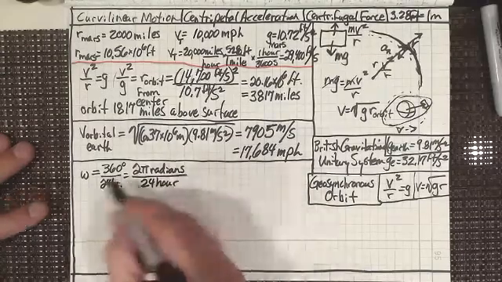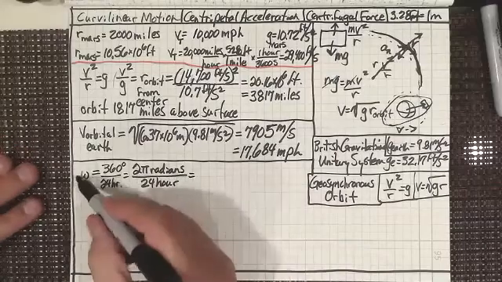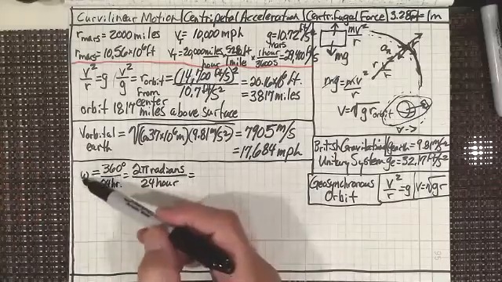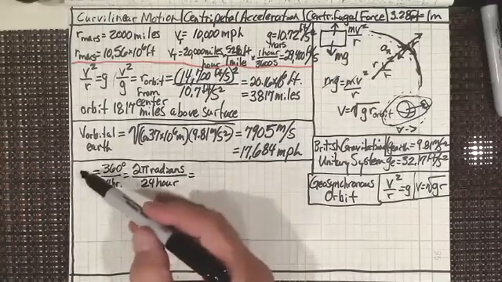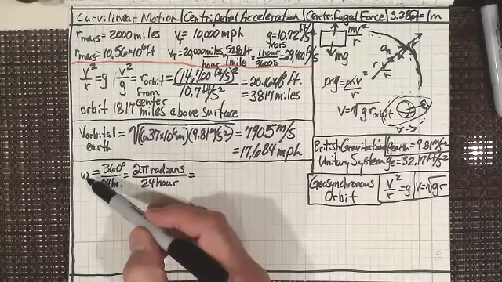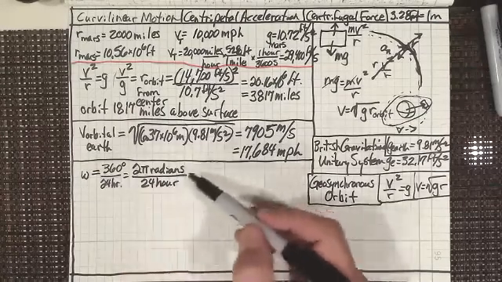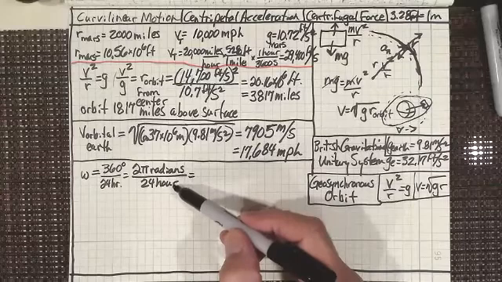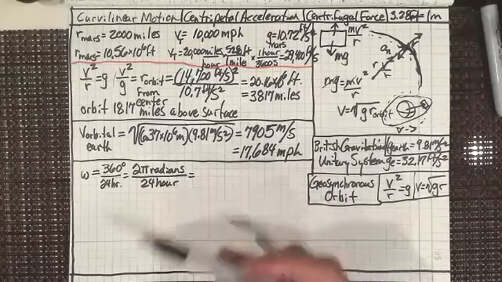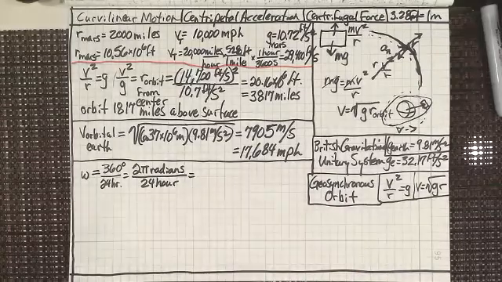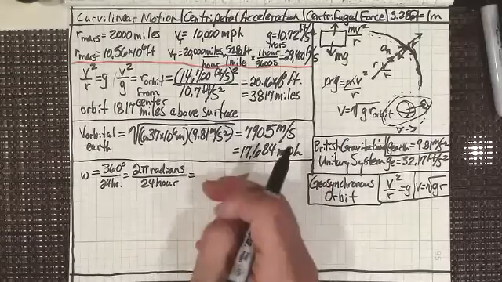And when we speak of angular velocity, as electrical engineers you think of it as 2 pi f, but it's still the same units, radians per second. Radians per second, not radians per hour. So what you have to ask yourself is how many seconds are there in a day? You know that there's 3,600 seconds in an hour, and there's 24 hours in a day.